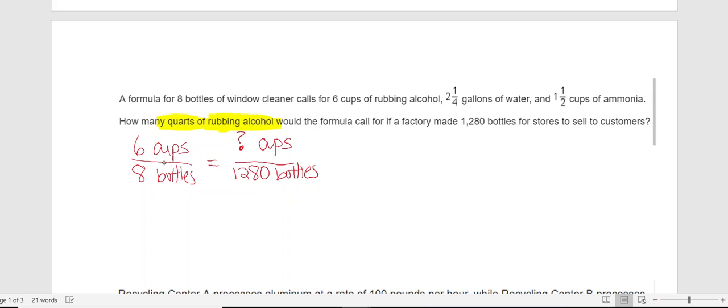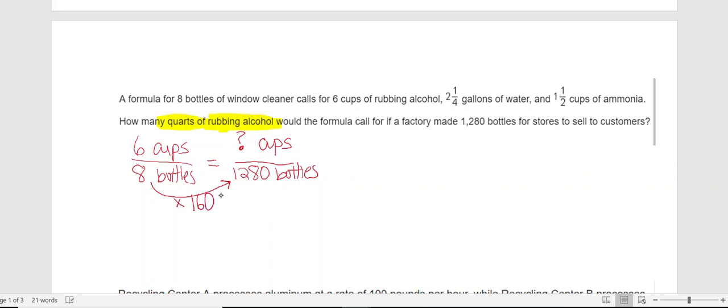So to solve this using equivalent fractions, I'm going to figure out 8 times what is 1,280, because if I know what I'm multiplying by on the bottom, then I can multiply by the same thing on the top. So if we divide 1,280 by 8, we get 160.